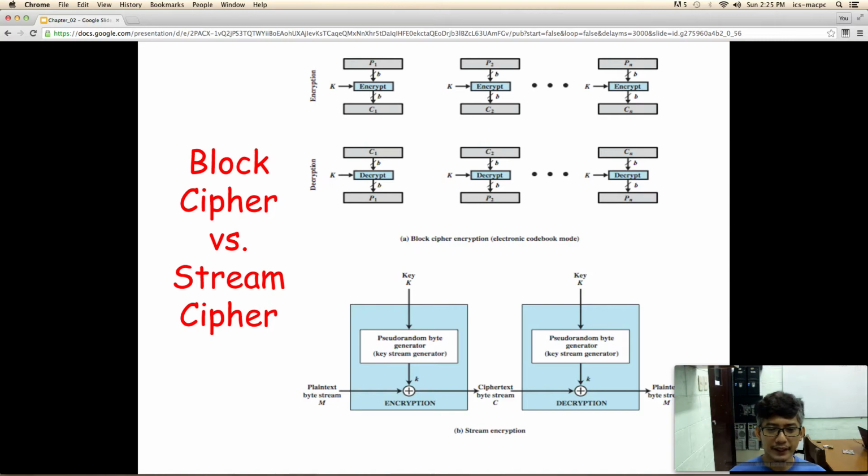Stream cipher, on the other hand, does not process the plain text as a block, but rather it performs the encryption bit by bit as the bit enters the encryption process. As you can see in the illustration, you have the plain text byte stream, and you have a pseudo-random number generator, which generates a key stream based on a key, and then performs the encryption, as you can see in the plus sign here, and the ciphertext is produced.